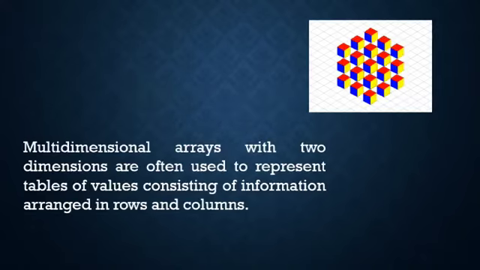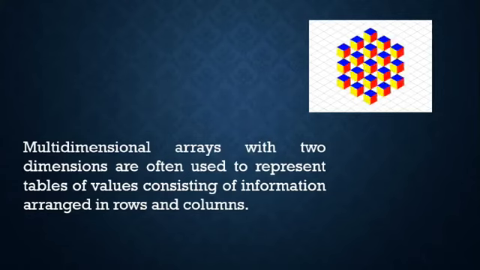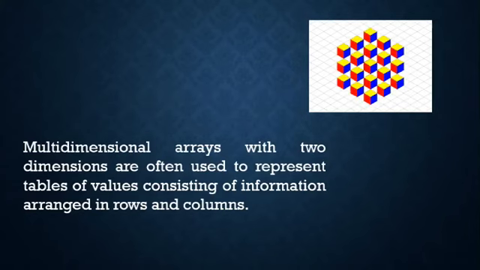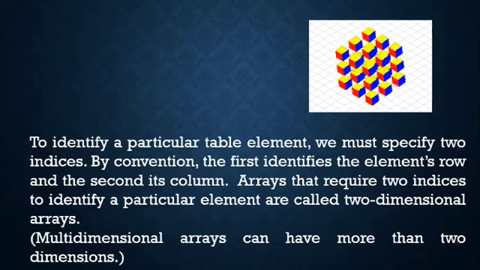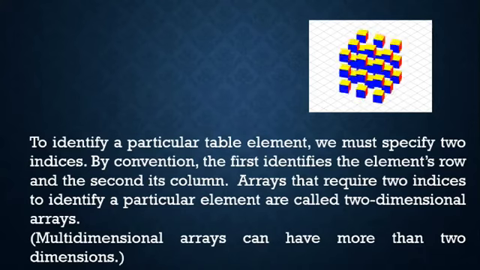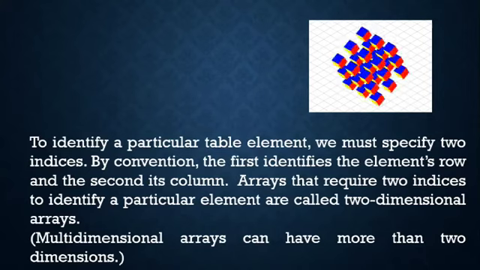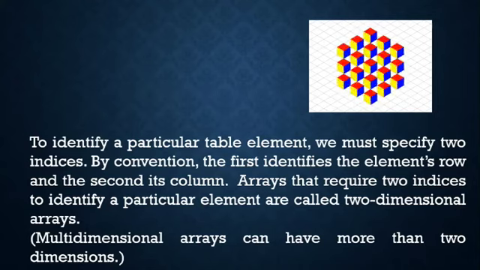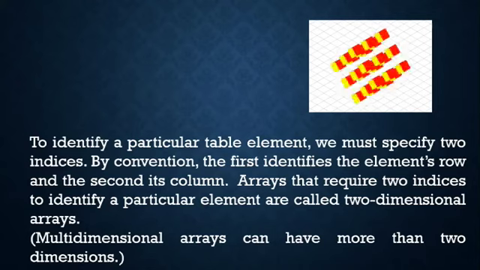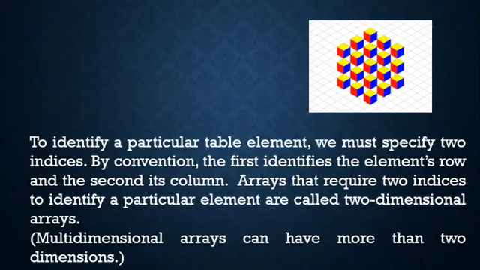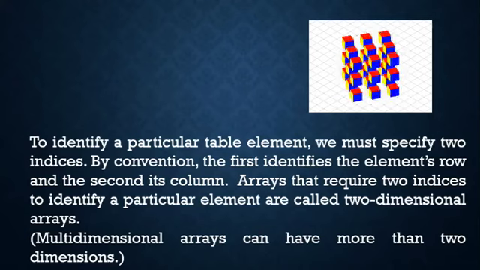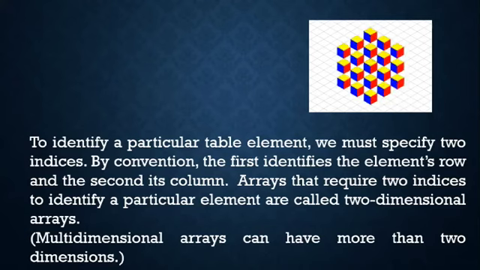Okay, so multidimensional arrays with two dimensions are often used to represent tables of values consisting of information arranged in rows and columns. And to identify a particular table element, we must specify two indices. In a one-dimensional array, there is only one index, because its values are just in a straight line. Now that we have rows and columns, we must specify two indices.